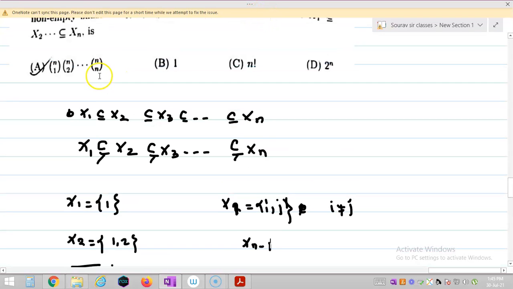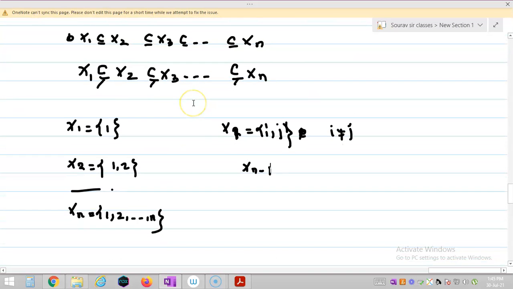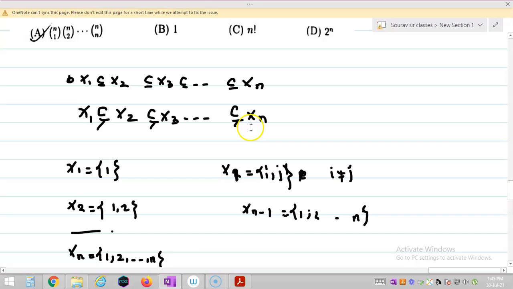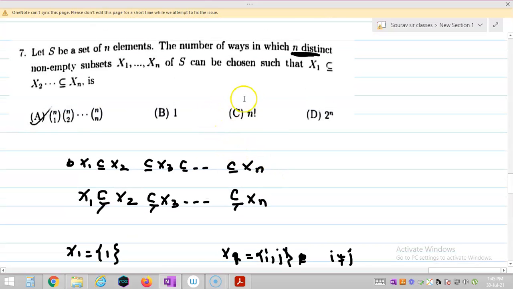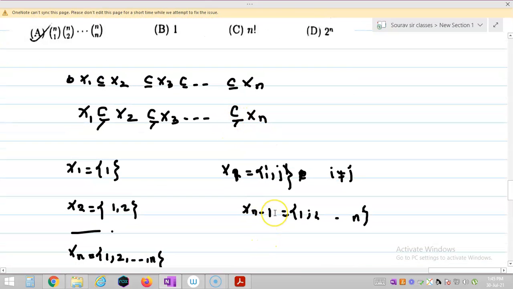So there are n elements, hence xn minus 1 contains all of the elements 1, 2 up to n. And as xn is a proper superset of xn minus 1, xn must contain all the n elements with one extra element, some other element k.